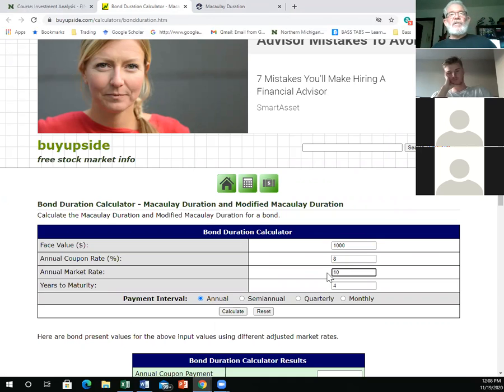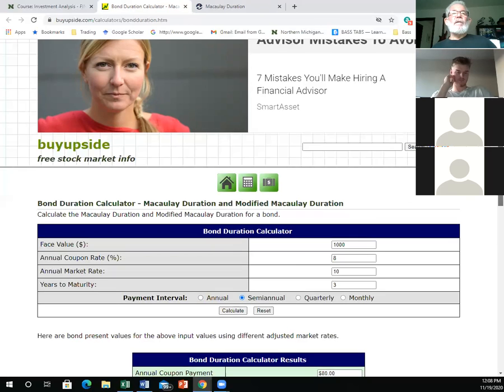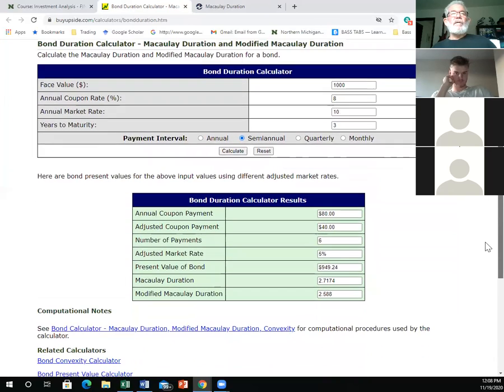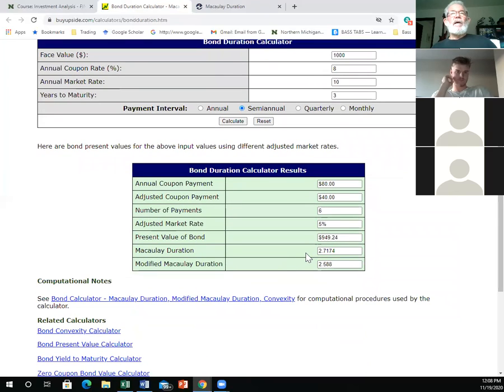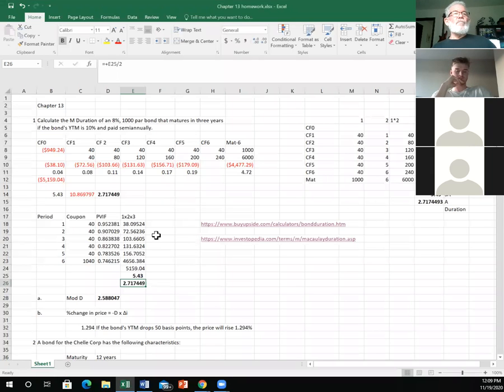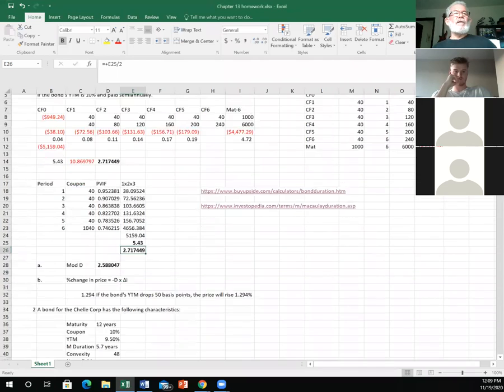And the years to maturity, 3. And I hit semi-annual, calculate. Scroll down here, and 2.7174 is the duration, and the modified duration is also calculated for us. So you bookmark this one. This is pretty nice, and you can cross-check it with the homework problem because it matches right up.